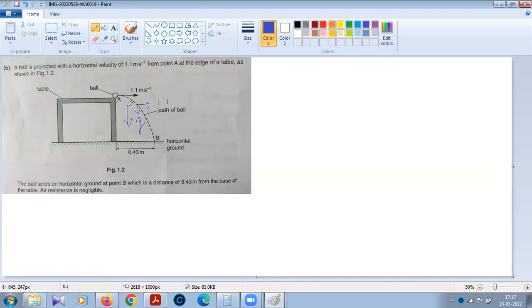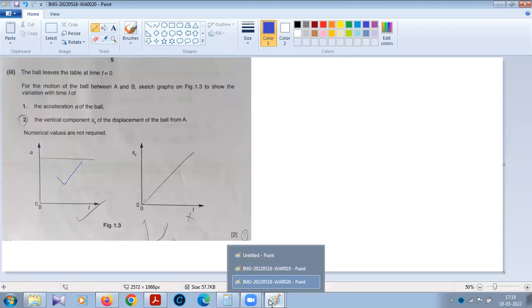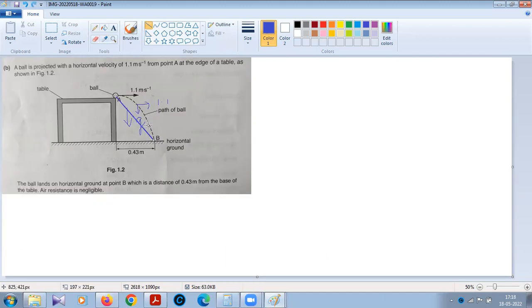So displacement of the ball is from where? From A to here, na? B. So they are asking about the horizontal part. Okay. Vertical component of displacement of the ball from A. The vertical component of displacement means this, na? This part they are asking about.